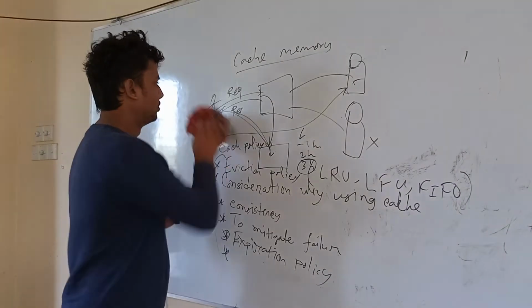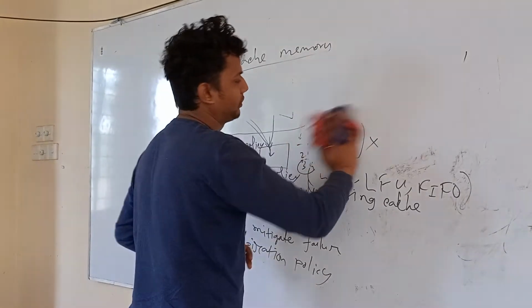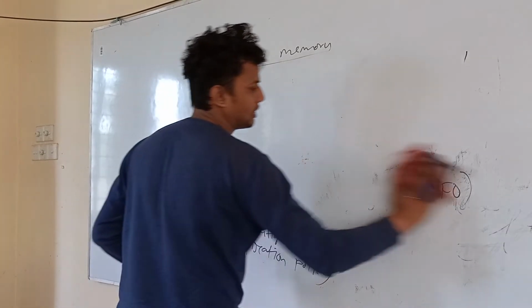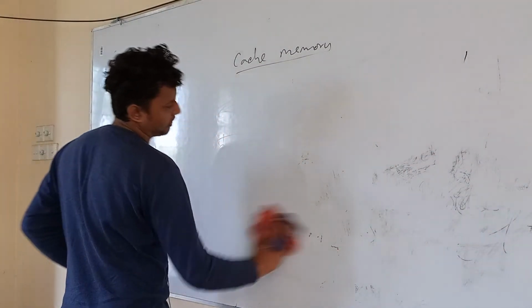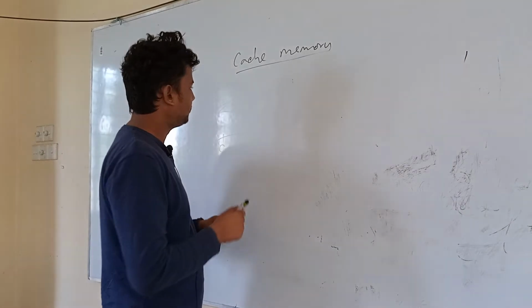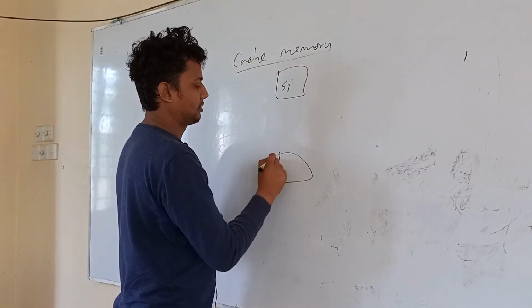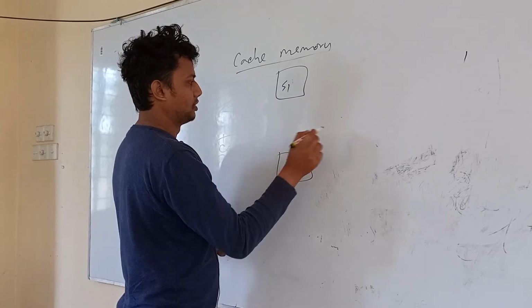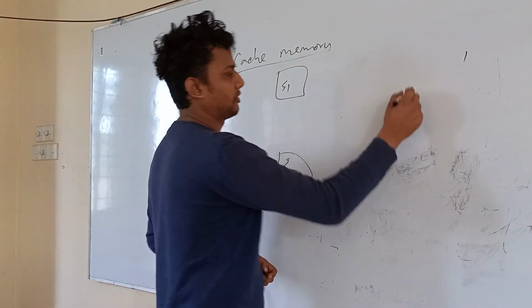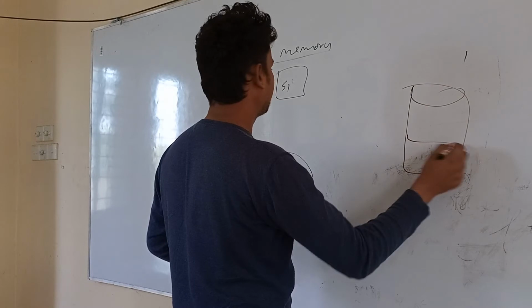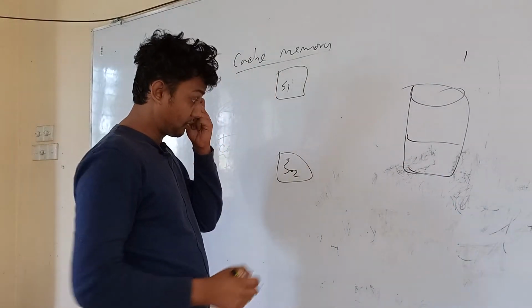So let me show you where to use this cache memory, with servers or with databases. Suppose this is our server 1 and this is our server 2, and this is our database, a single database. So why should we use cache memory?